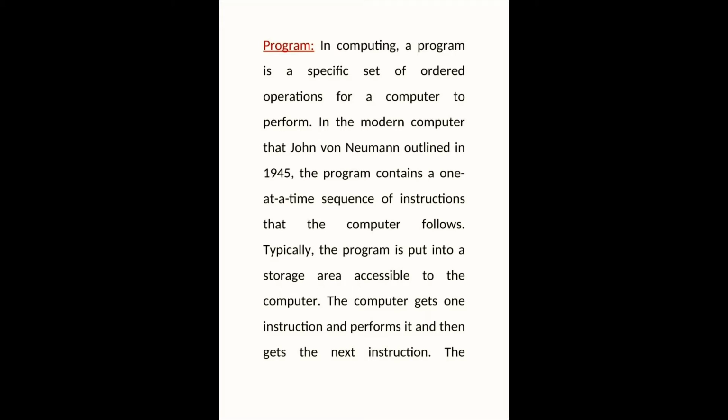In computing terminology, a program is a specific set of instructions in sequence. In 1945, John von Neumann defined the program as a one-at-a-time sequence of instructions that the computer follows. The computer gets one instruction and performs it, and then goes to the next instruction.